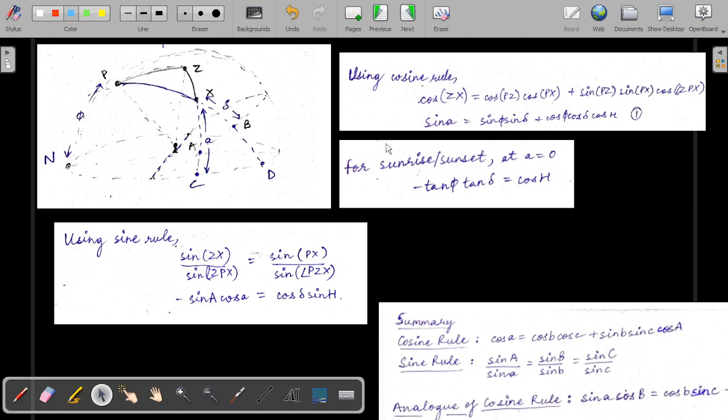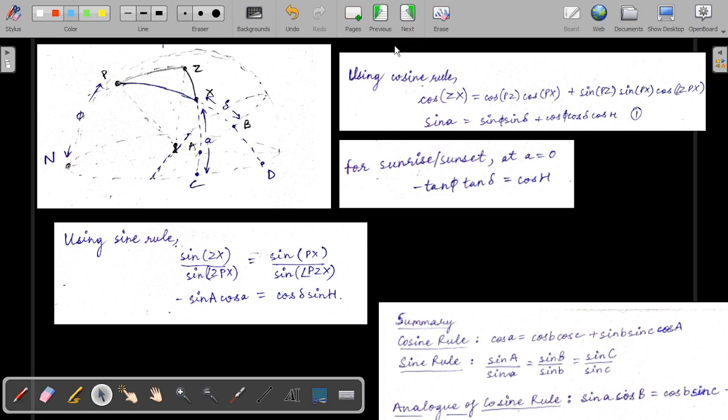So you should again derive these on your own, as I told you for the first section of spherical trigonometry. It is very important that you learn the cosine and sine rules and how you have to approach the derivation of the equations of conversions.